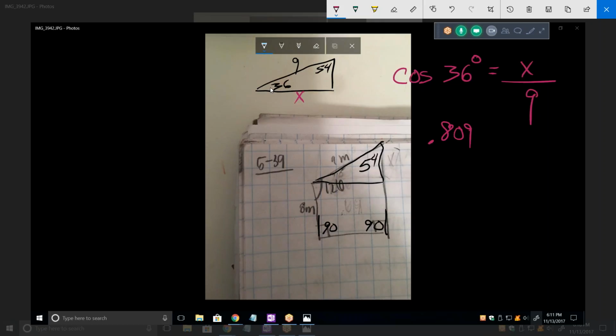So if I hit the cosine of 36, actually I have a calculator that I don't know how to use. Let's see, if I do the sine, interesting. Hold on, let me get my other calculator.